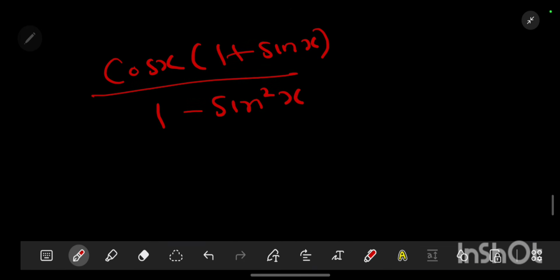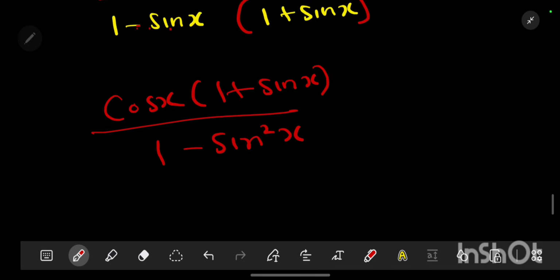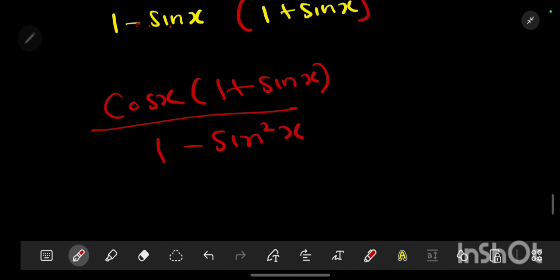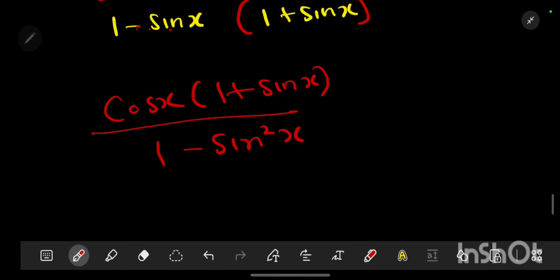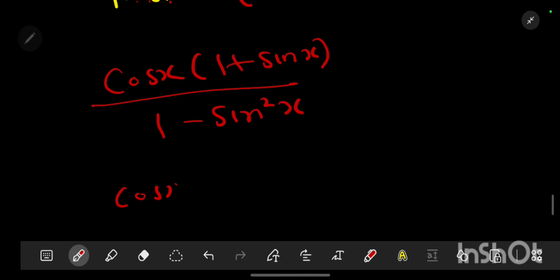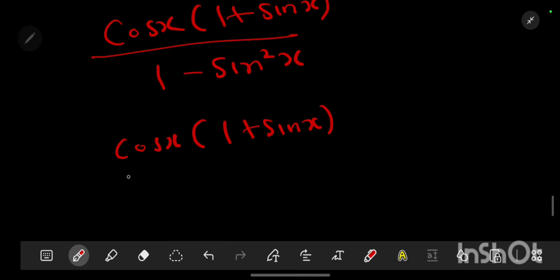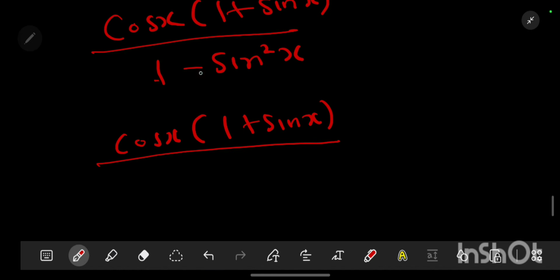So we have cos of x times 1 plus the sine of x over 1 minus the sine squared x, which is equal to cos squared x.